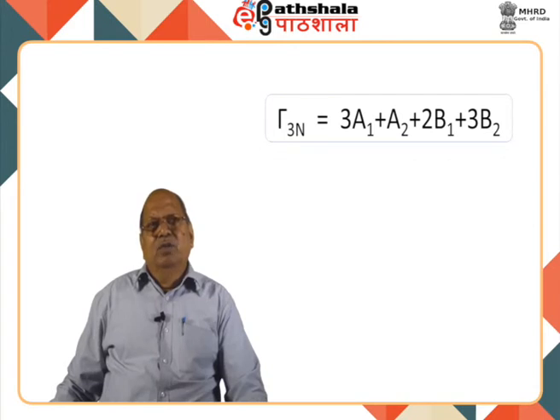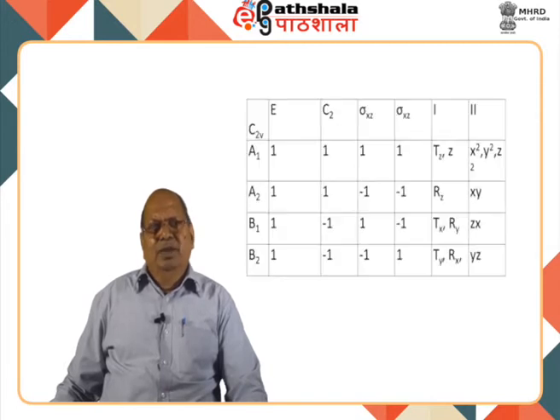The tau 3n for the water molecule is 3A1 plus A2 plus 2B1 plus 3B2. In the table of the C2V point group, against the irreducible representations A1, A2, B1, B2, in column 1 are listed basis sets, that is, which basis set forms the basis for which irreducible representation.